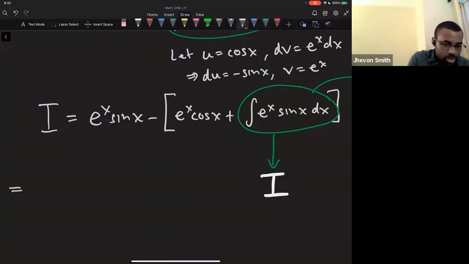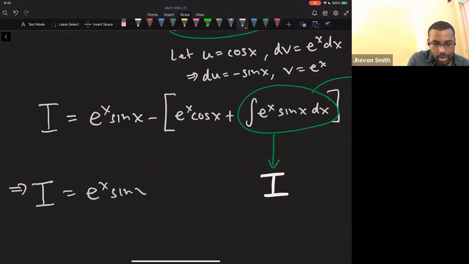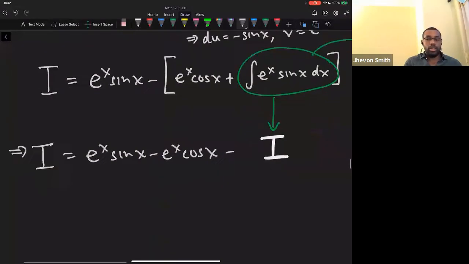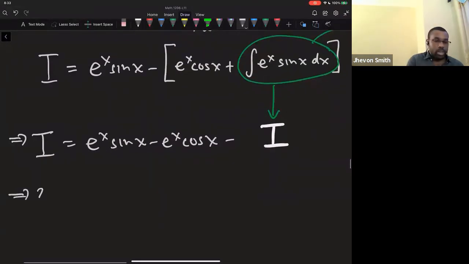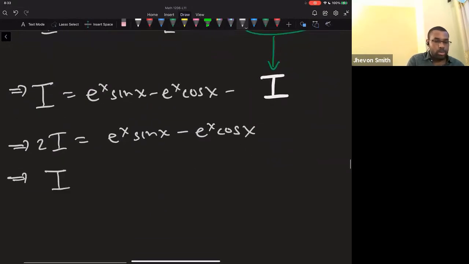right? So in other words, I have I is equal to e to the x sine of x minus e to the x cosine of x minus I. And so what I can do is move over here, add I to both sides, and then divide both sides by 2.